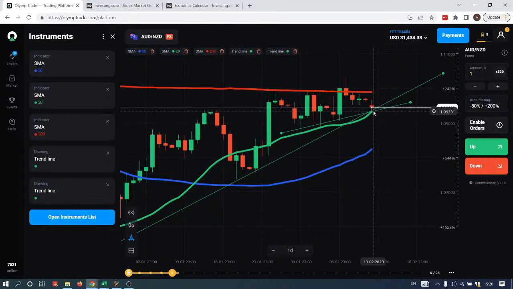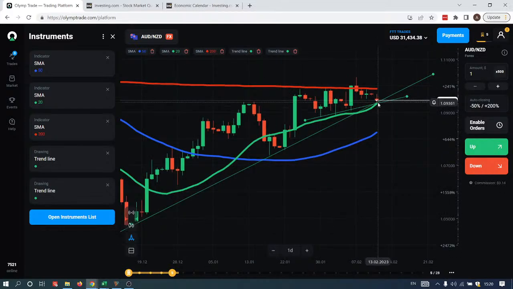If you want to open a down trade, I would wait for the actual breakdown to happen. Then I might wait for a pullback, and from there I will open a down trade, something like this.